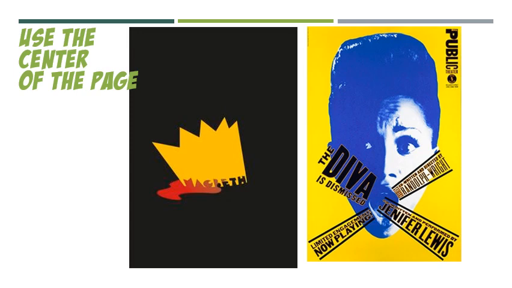And maybe one of the tried and true compositional tactics of poster design is really just to use the center of the page. When you place something in the center of the page, it obviously gets the focal attention. It becomes the most important element on the page, and it concentrates the viewer's eye on the main point of your poster.